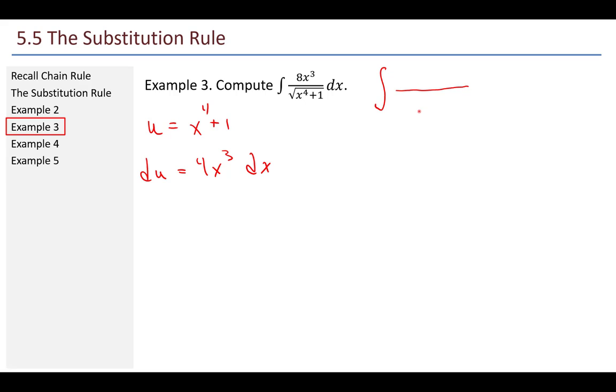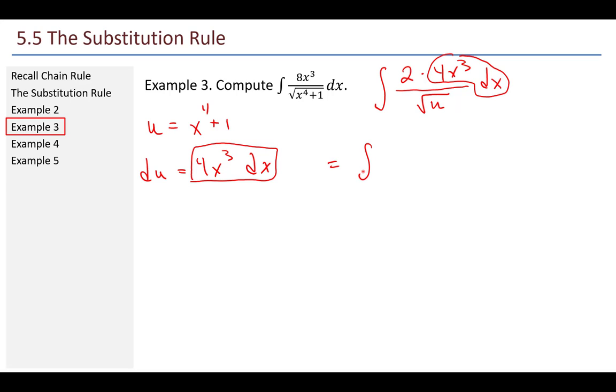So in the denominator, that'll just be square root of u. How about my numerator? I see 8x cubed, but I'd really like to see 4x cubed. I guess that's really like 2 times 4x cubed dx. So I can take that 4x cubed dx and replace that with the du.